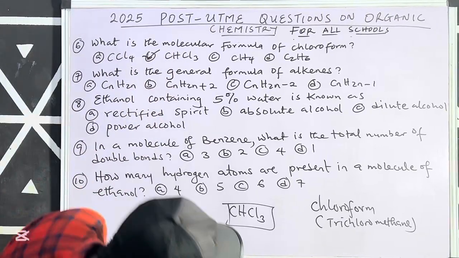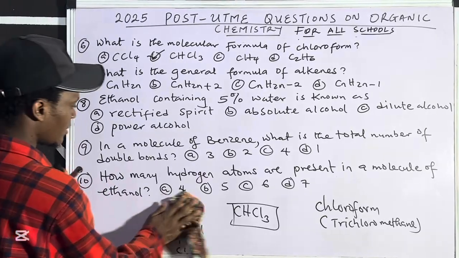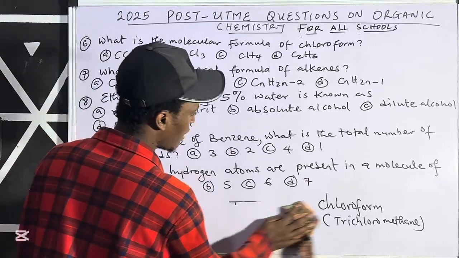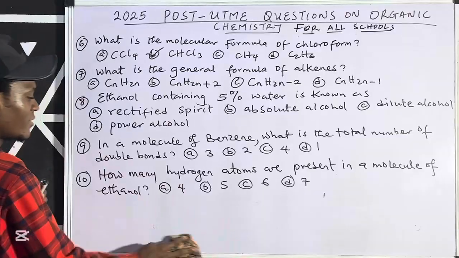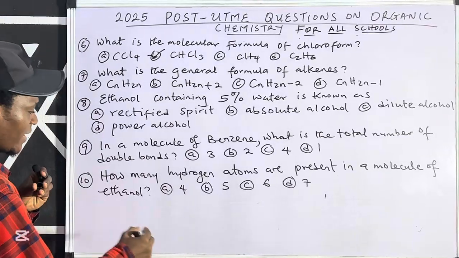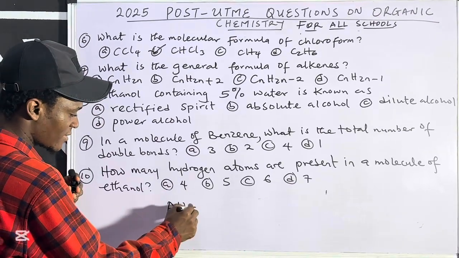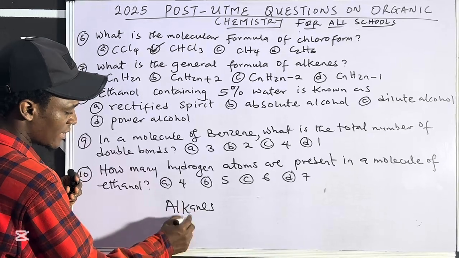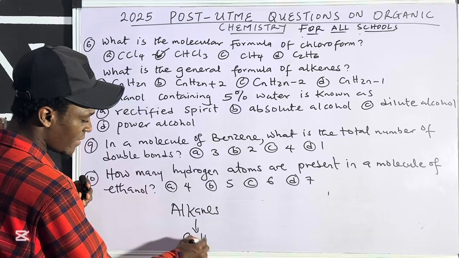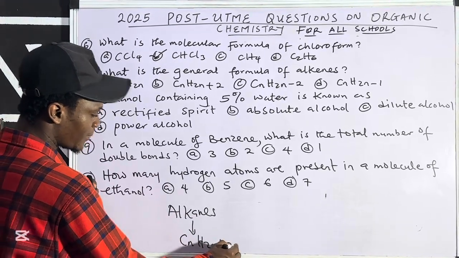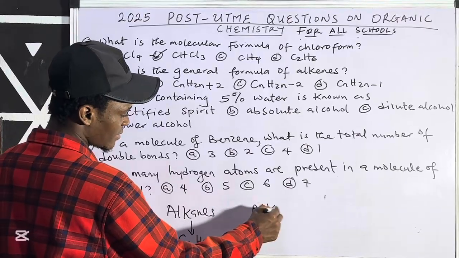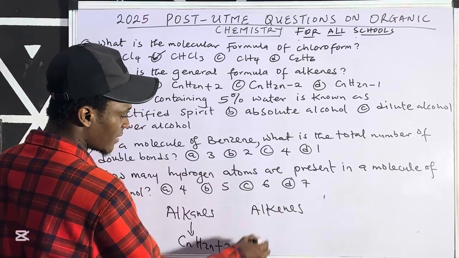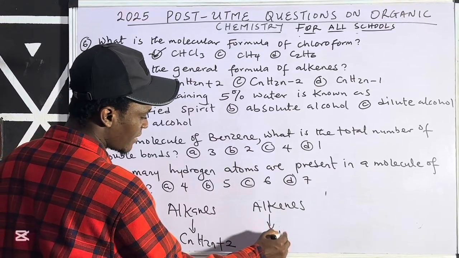Then question 7. What is the general formula of alkenes? This one is very, very easy. The alkanes, first and foremost, which are saturated compounds, have the formula CnH2n plus 2. Then alkenes, which are unsaturated, have the formula CnH2n.